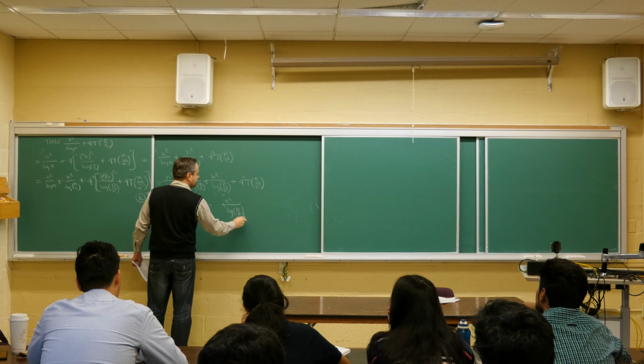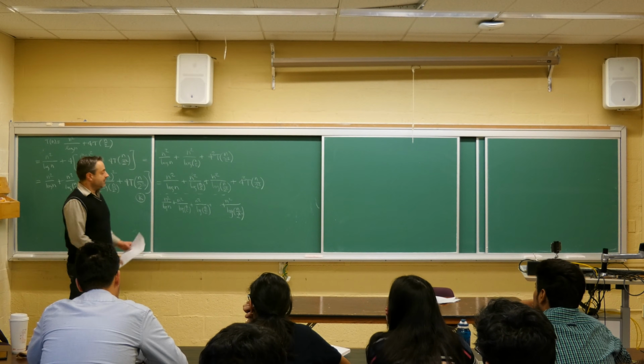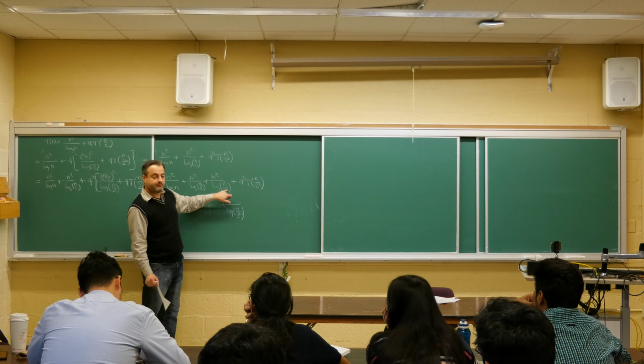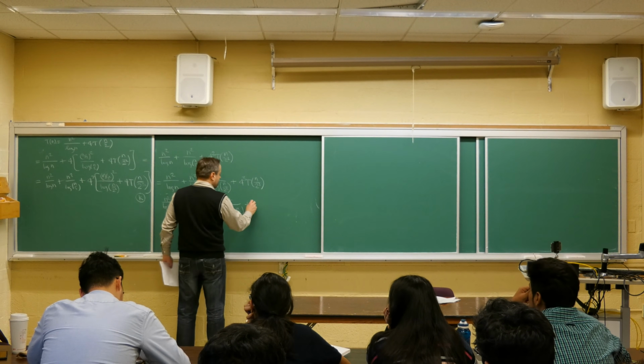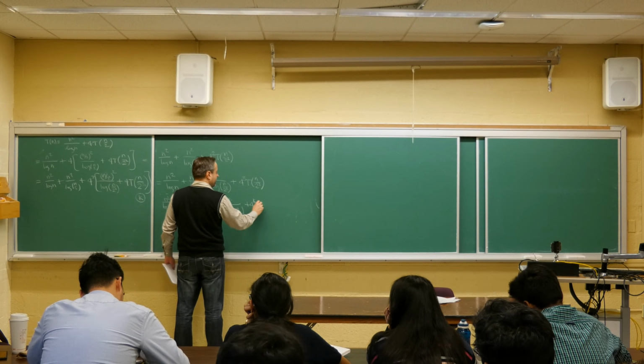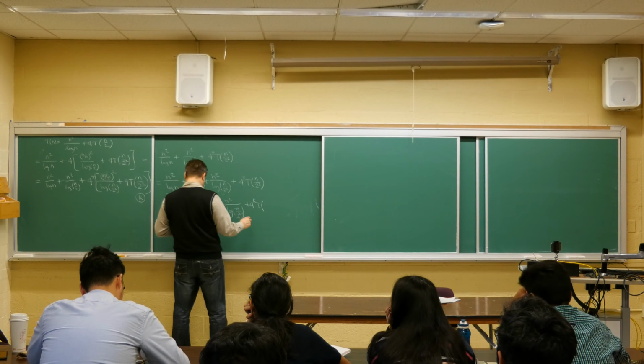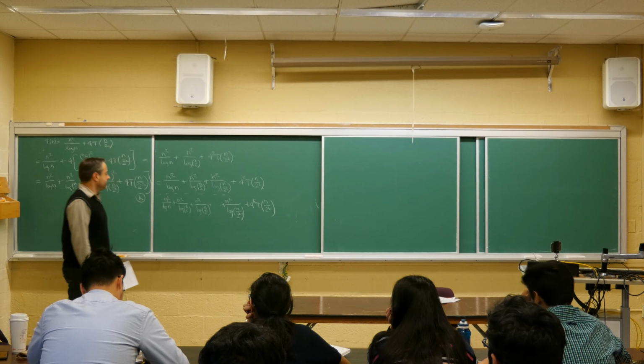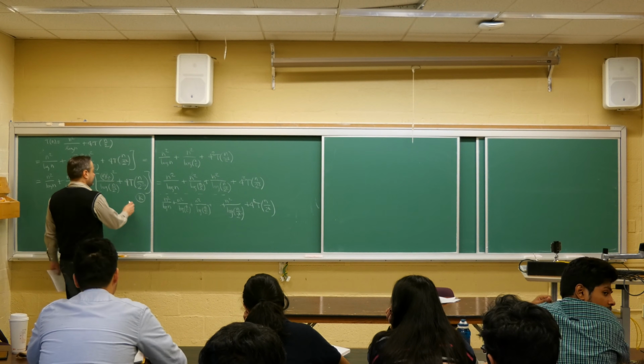It depends how you want to go with this k. I'd say k is this value here, the 3, so that would be k minus 1. Plus 4 to the k, T of n divided by 2 to the k. That's the general pattern.